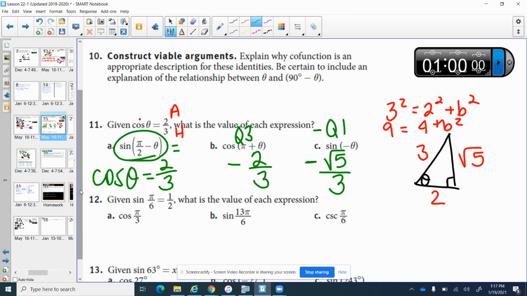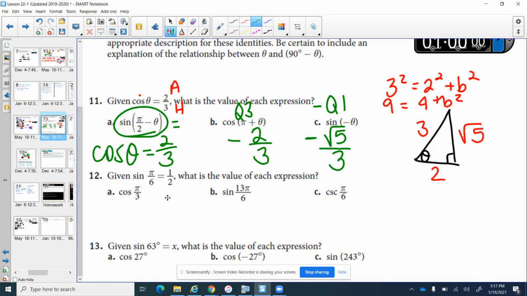Another example here is using pi over 6, and it says that the sine is 1/2. So again, I would recommend drawing in a picture. So we have opposite over hypotenuse, and again, using Pythagorean theorem, we find this remaining side to be the square root of 3. So the cosine of pi over 3 then is actually the same thing as looking at the cofunction, because the two of these together are complementary.